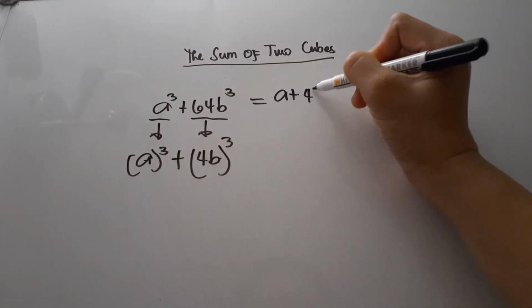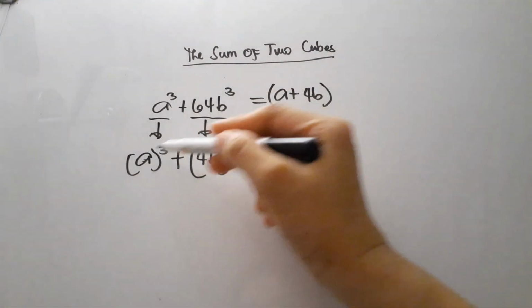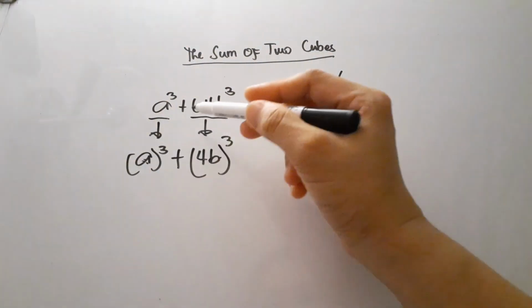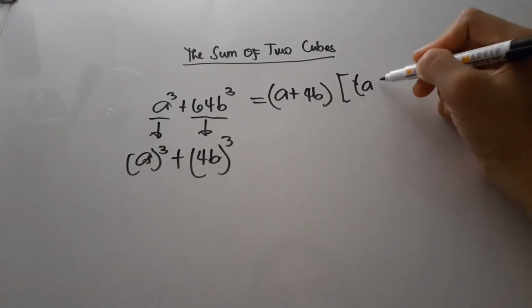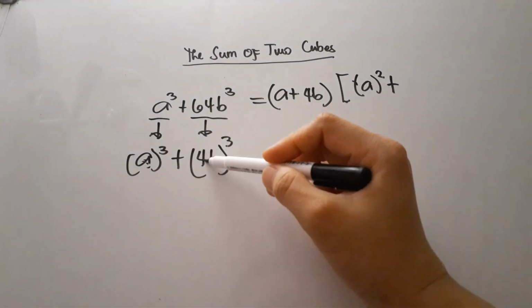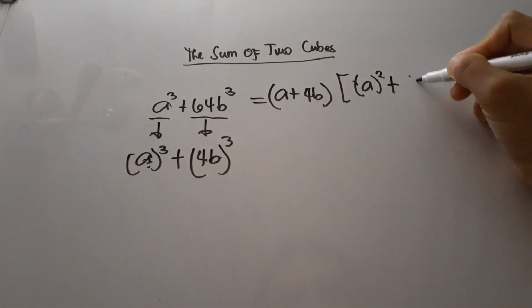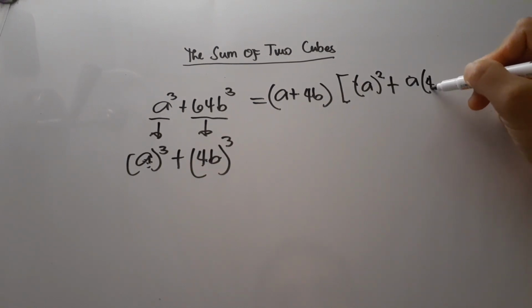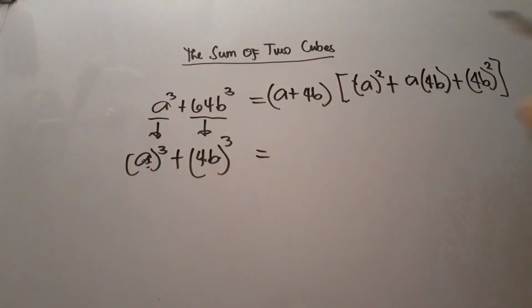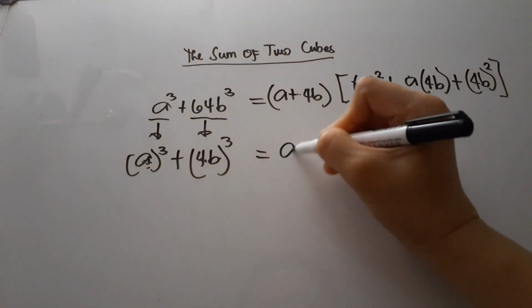Then we copy a plus 4b, which is our first binomial, and we square a first, and we combine together a times 4b, and the square of 4b. So let's have a plus 4b.